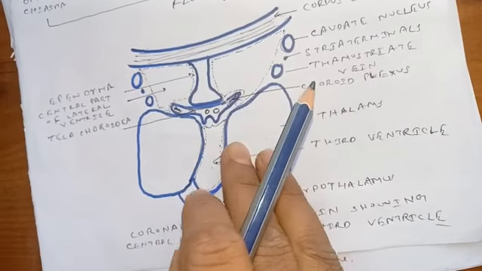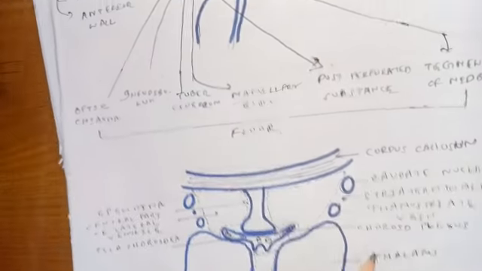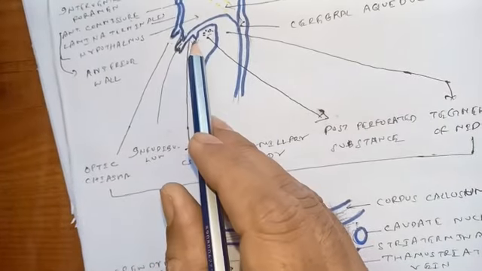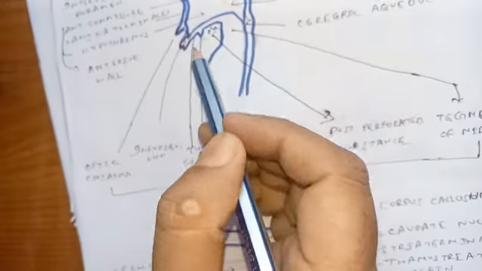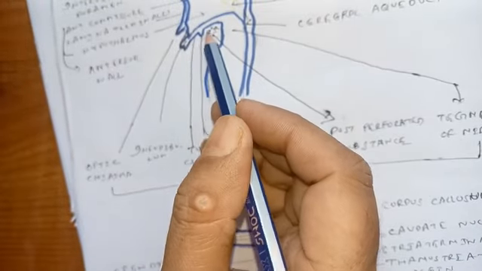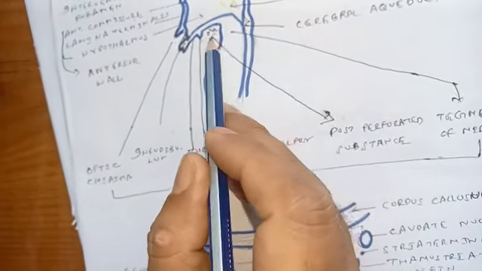Now the subterms. What is the tuber cinereum? In the diagram, I am showing the tuber cinereum. It is the part of the hypothalamus through which the pituitary gland is attached. What is the posterior perforated substance?